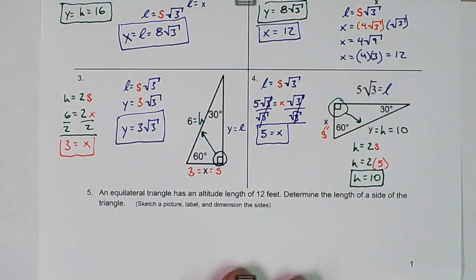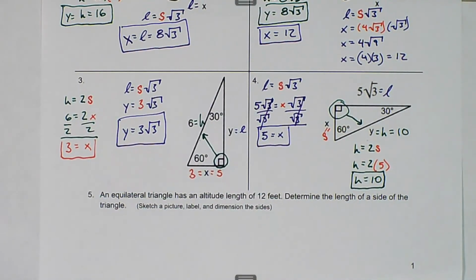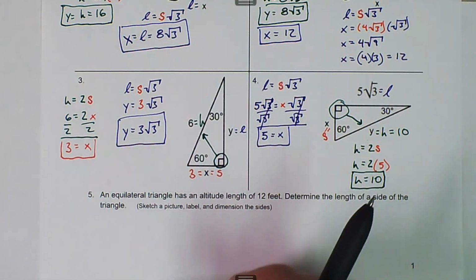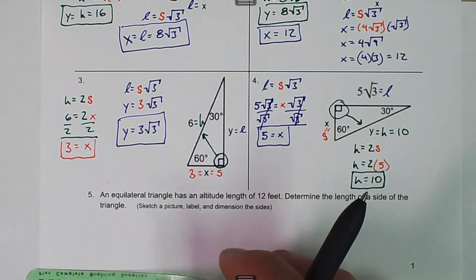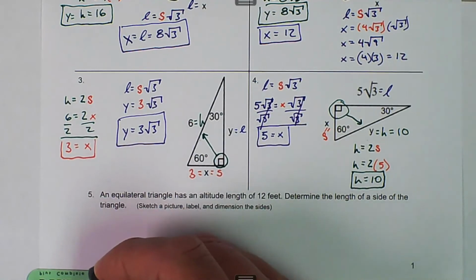Then we have one more question to work on. An equilateral triangle has an altitude length of 12 feet. Determine the length of a side of the triangle, and it suggests that we sketch the triangle first. So I'm going to use this little sketch tool here, try to make an equilateral triangle. It may not work out exactly, but try to get it close.